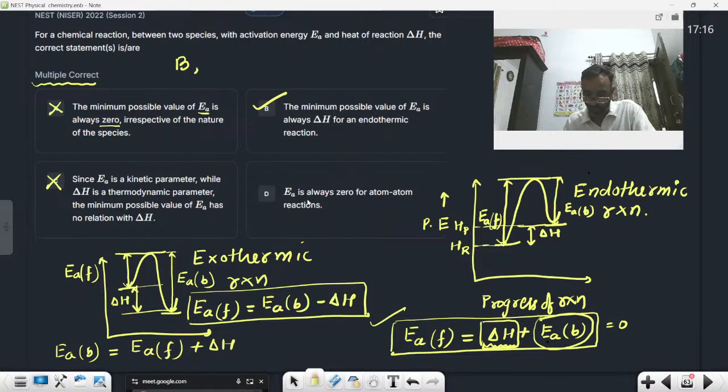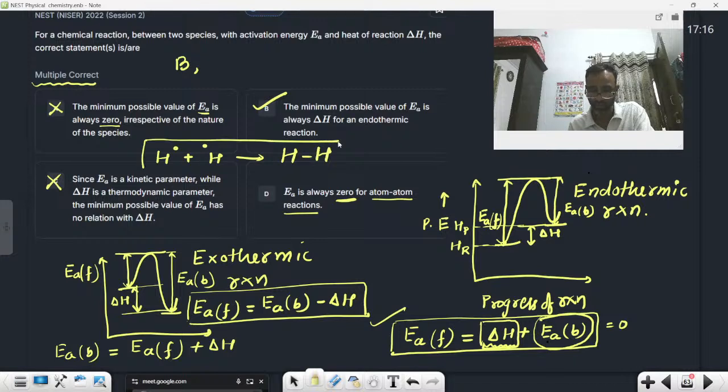Okay, now the activation energy is always 0 for atom-atom reactions. Yes, when we have, let us say, a hydrogen atom combined with a hydrogen free radical, we get hydrogen gas. There is no need of any activation energy. It will immediately combine and we get a hydrogen molecule.